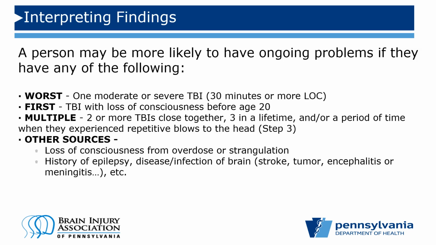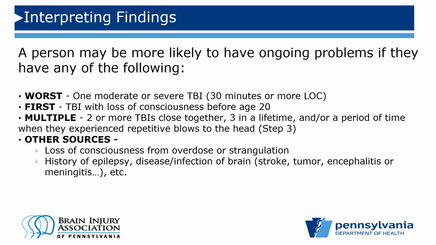So let's talk about interpreting the OSU. From the data that John Corrigan has collected, we know that an individual is more likely to have ongoing problems if they have any of the following. So you'll see these listed on that interpreting findings section of the back page of the OSU.